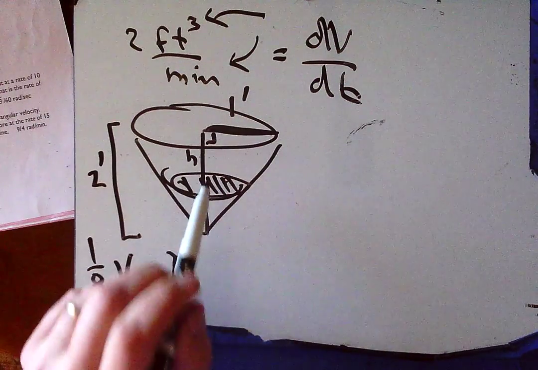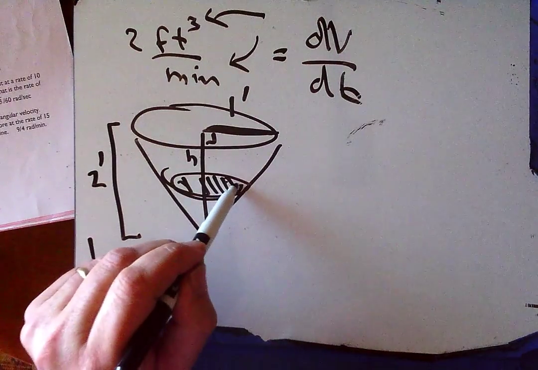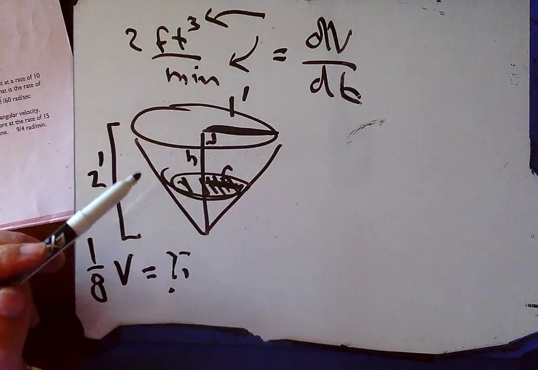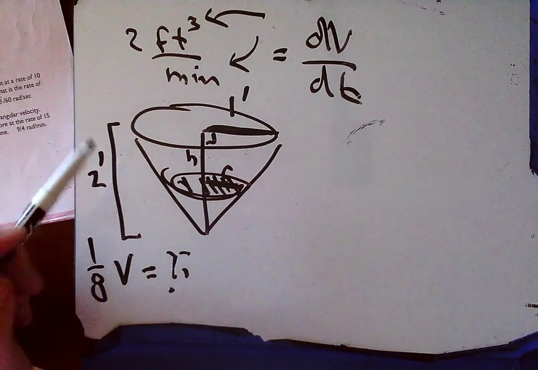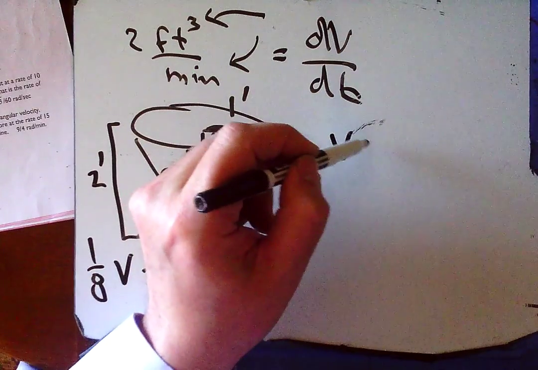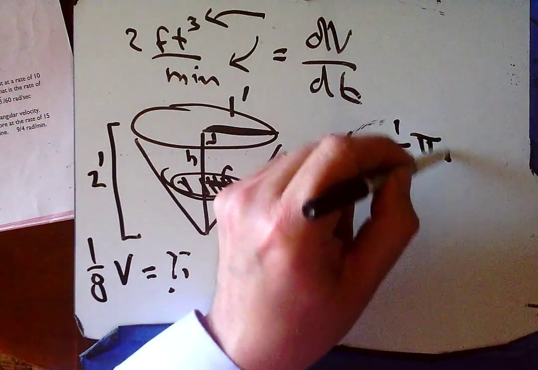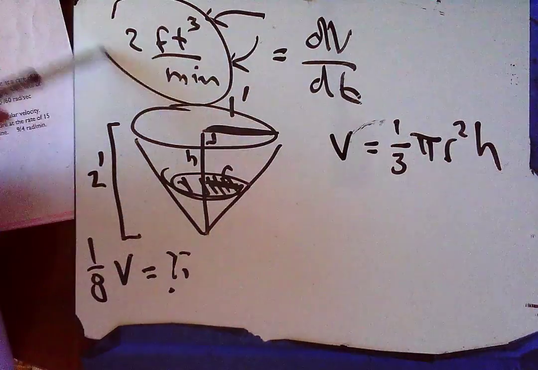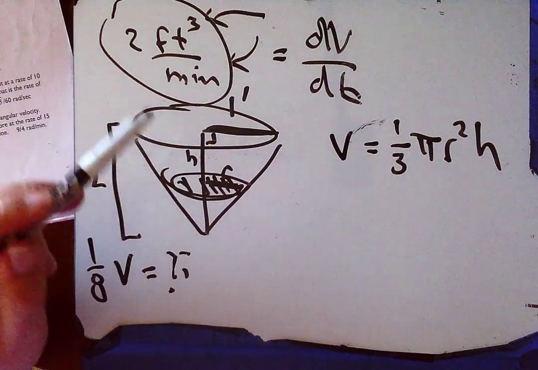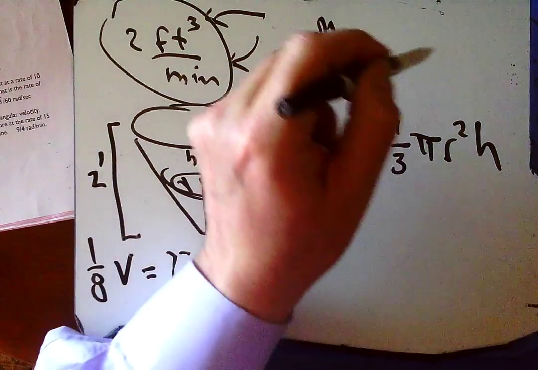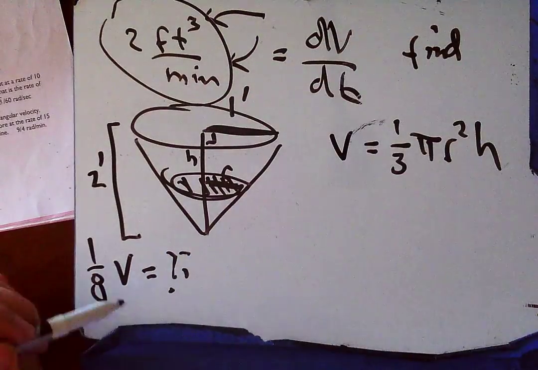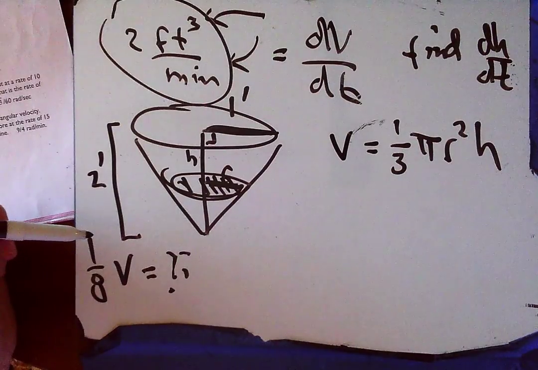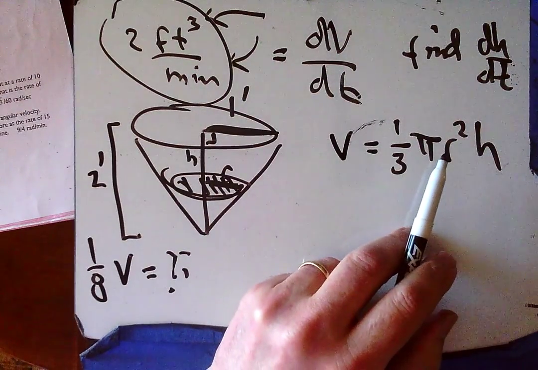I actually want to focus here now on setting this up because when I think about the volume of the cone, volume equals 1/3 pi r squared h, I notice that I've been given a dV/dt, and I've been asked to find how fast is the level increasing. I've been asked to find dh/dt, which means I don't really want these r's.